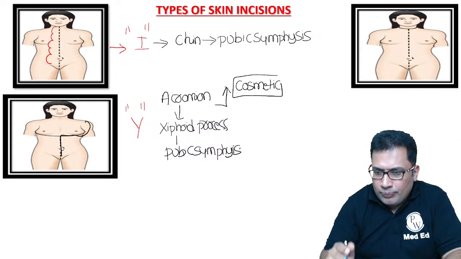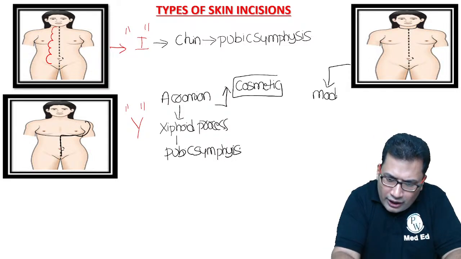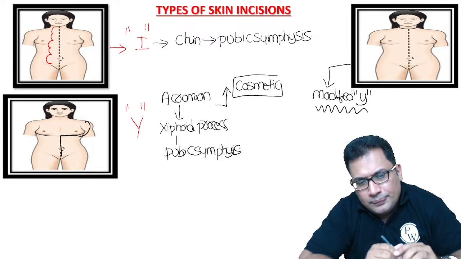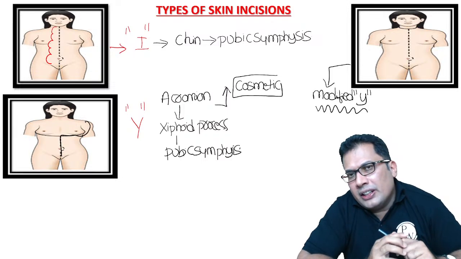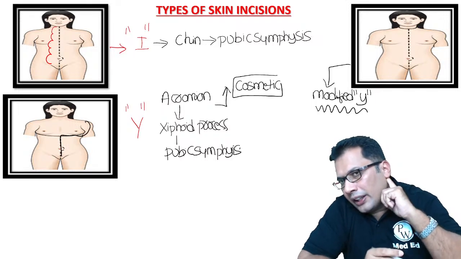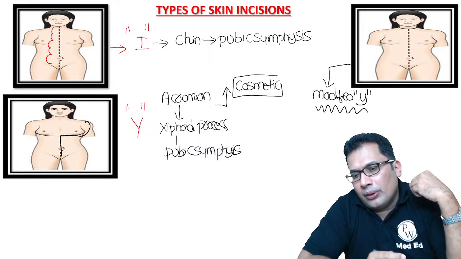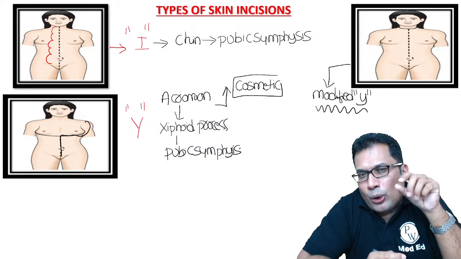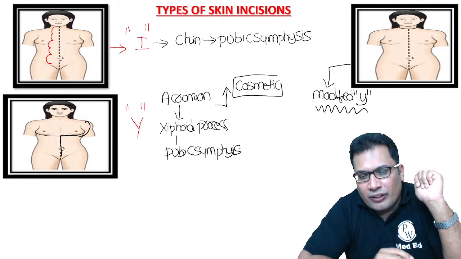One more type, modified Y. You can see here, this is the modified Y. Anybody? What is the use of modified Y incision? It extends from behind the ear, then to the acromion, then to the mid-clavicular point, from there to the sternal angle, then to the pubic symphysis.